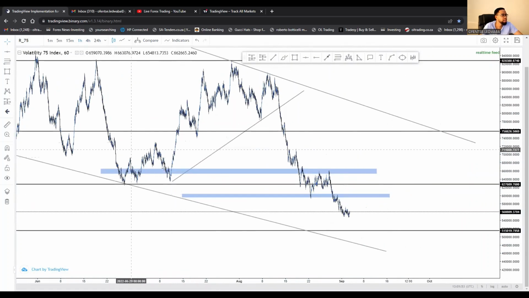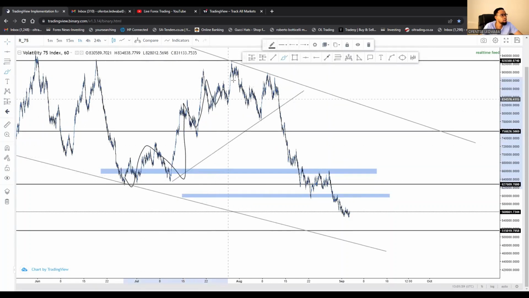Right, so we can see we have our channel here, which was a correction on higher time frame, but a trend in a small time frame.